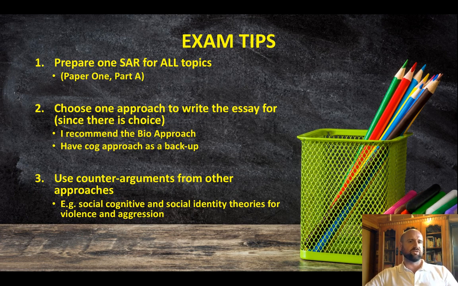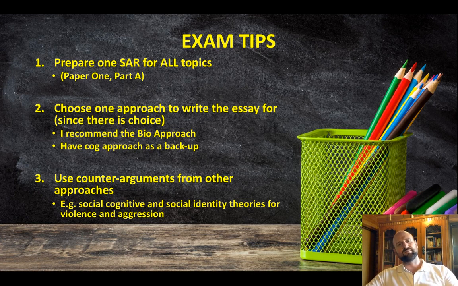Similarly, they can also use topics from the same approach as counter arguments. For example, if the question was to discuss the effects of hormones on behavior, and they wrote about testosterone and aggression, they can say, but it's not just testosterone. It can also be culture, like the culture of honor, or damage to the brain. It could be serotonin, it could be genetics, it could be a range of biological factors. It's not just one.